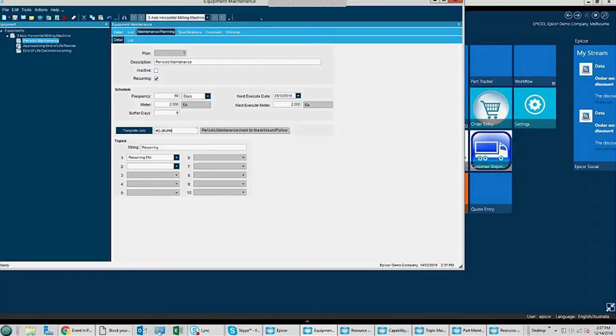Now, if I look, I can also see a non-recurring task for approaching end of life, and this is saying that at 9 years or 18,000 components, I think I'm going to get towards the end of the life cycle, and I need to do a review of that equipment, and end of life should take it 10 years and 20,000 eaches. So I can have recurring preventative maintenance and lifing considerations for that same equipment.